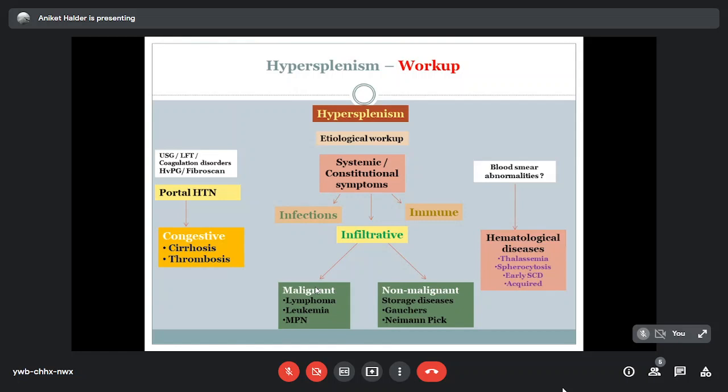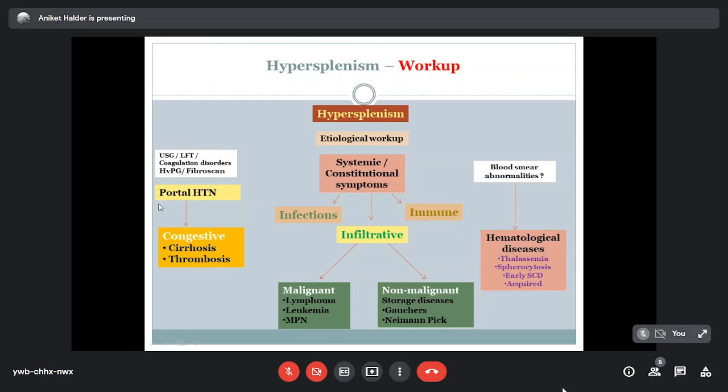As more than 90% of the cases are secondary, we have to do an etiological workup to find out whether we can find any primary cause. At first we have to do a USG and LFT, and different coagulation tests to see whether there is any portal hypertension. The liver cause has to be excluded first.